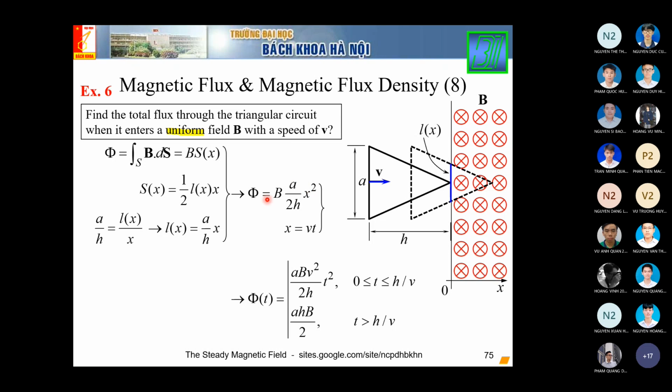But please keep in mind, like I told you several times, that this relationship exists only when the triangle is entering the uniform magnetic field. When the frame is totally inside the field, then the magnetic flux is a constant. And so the first result here is from this moment to this moment. Beyond this moment, the magnetic flux is a constant.